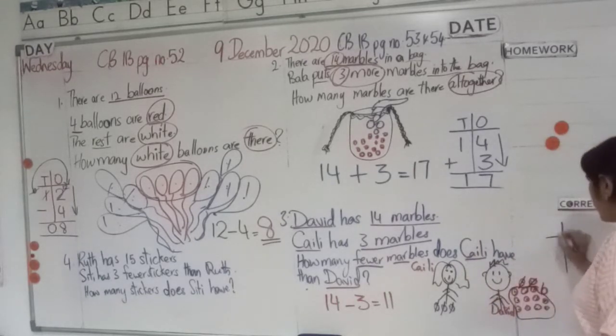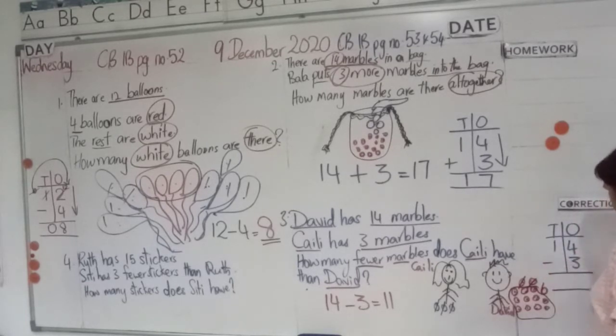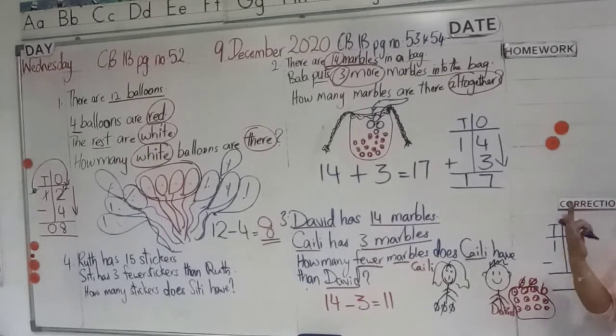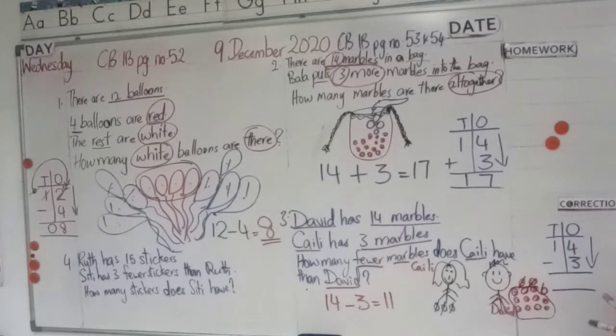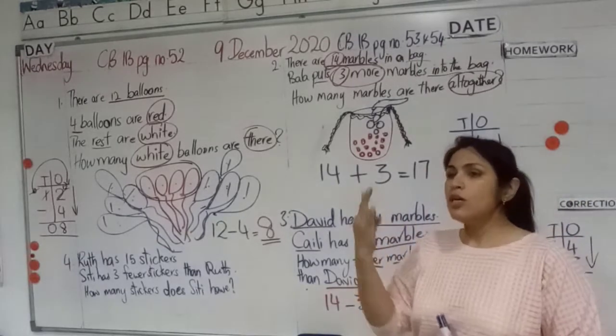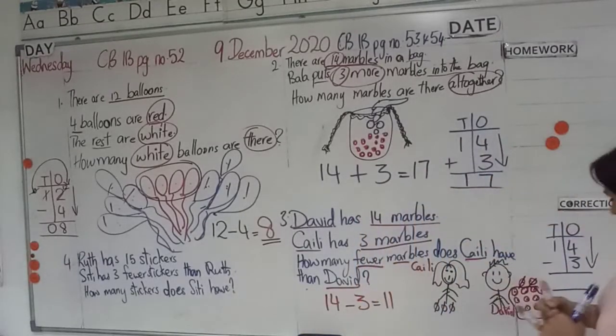Now, your tens and ones table would be 14 minus 3. Here on top you have a greater number, bigger number. So you can take away 3 out of 4. So I'm going to draw an arrow, 4 in my brain, 3 on my fingers, backward count, 3, 2, 1.